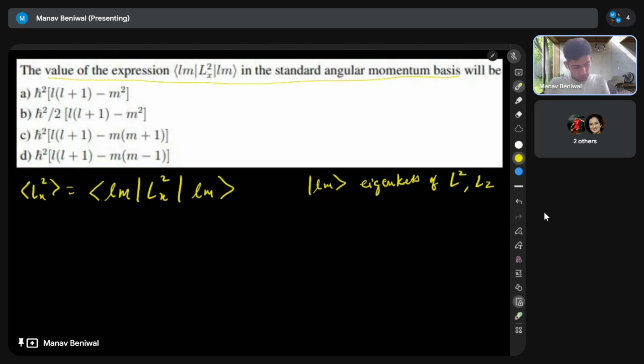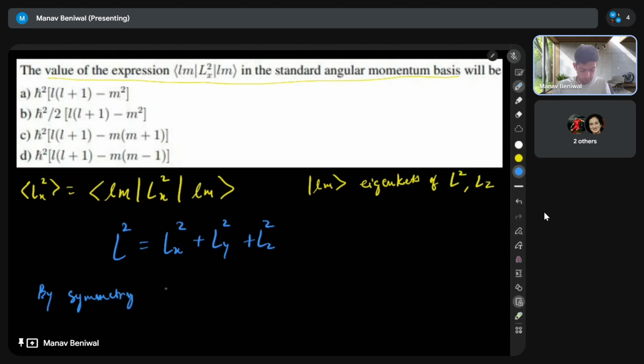How we can do that is, we know that total L square is nothing but Lx square plus Ly square plus Lz square. And by symmetry Lx square and Ly square are equal.